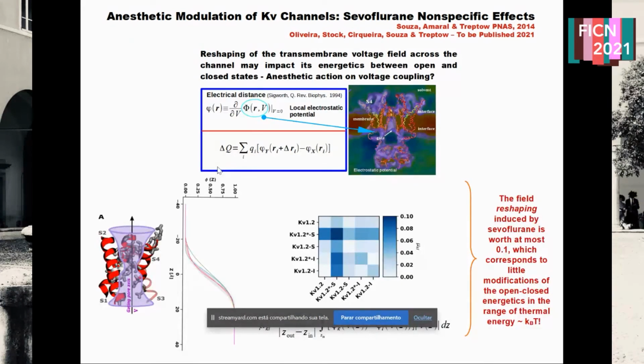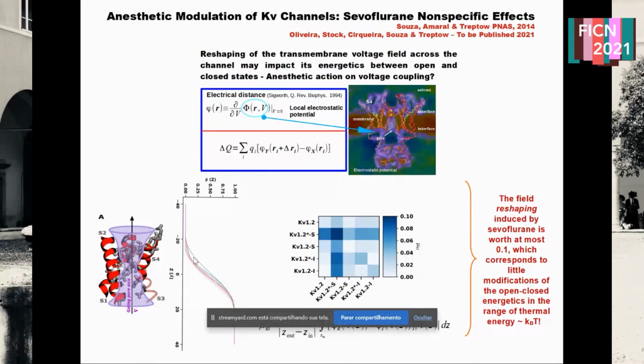Accordingly, we have investigated the electrical distance profile along the gating pore axis of the voltage sensor of the protein. That investigation was performed for the voltage sensor in the open and closed state with bound and unbound sevoflurane molecule. And the computation was performed along the gating pore axis, which is the line along which the gating charges are moving during the gating process.